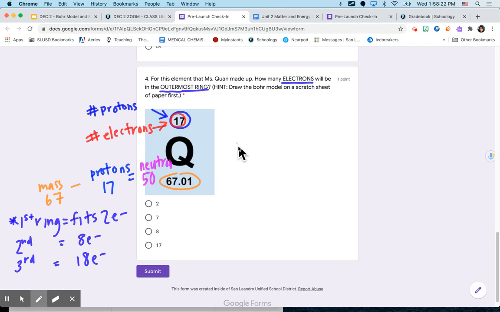Okay, so I'm going to go over this. When I'm drawing the Bohr model, remember that at the center of my atom, I have protons and neutrons. So here I have 17 protons. And as I figured out earlier in question number 2 of the video, we have 50 neutrons for this one.